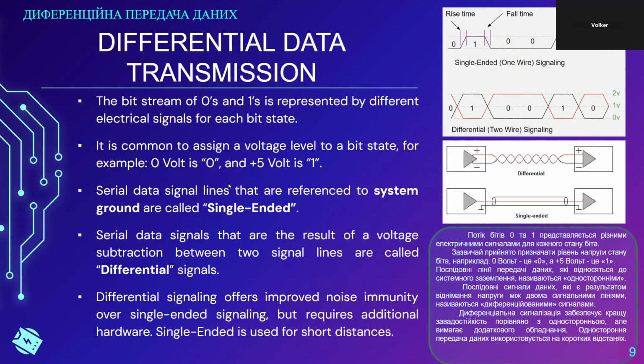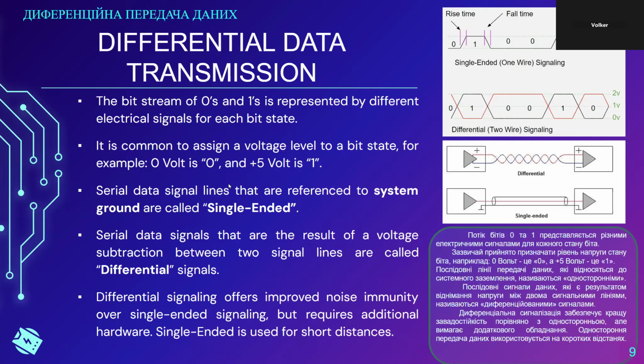Serial data signals that are referenced to system ground are called single-ended. This is the natural state of a serial bus, serial interface. Usually you have a microcontroller on a circuit board, and everything on that circuit board is referenced to system ground.